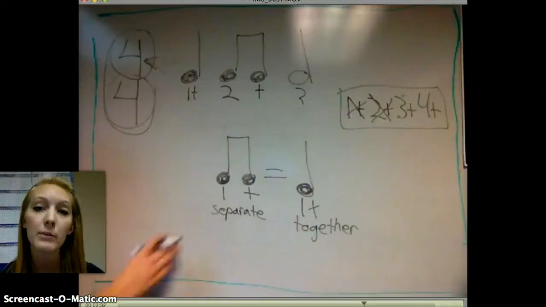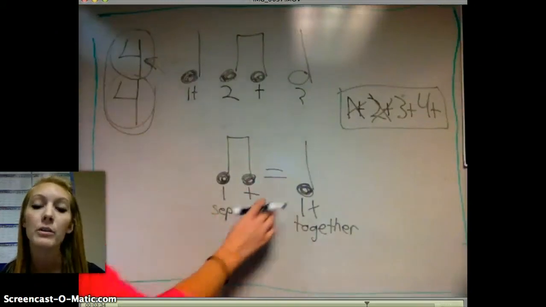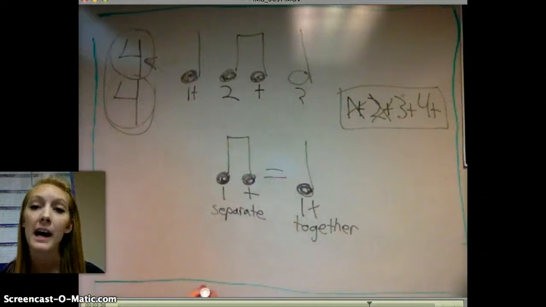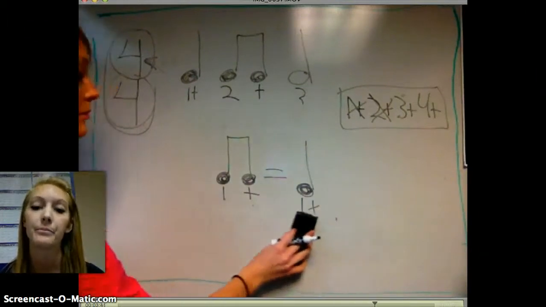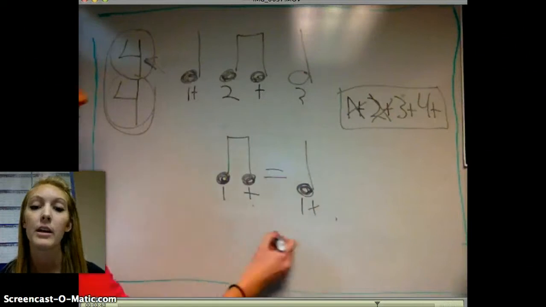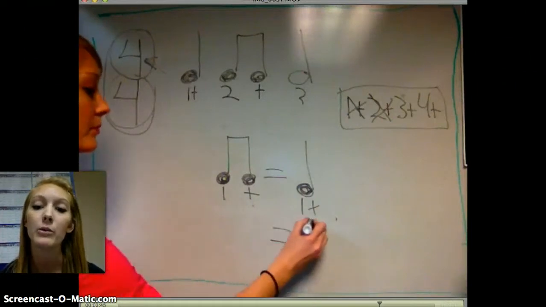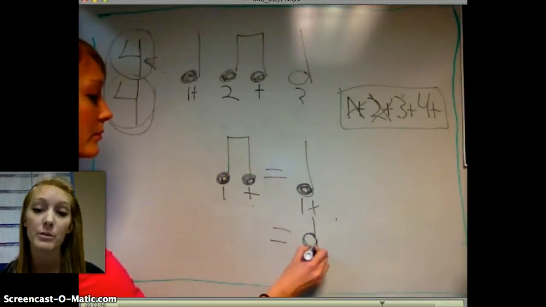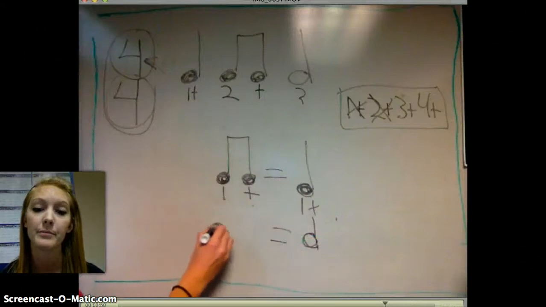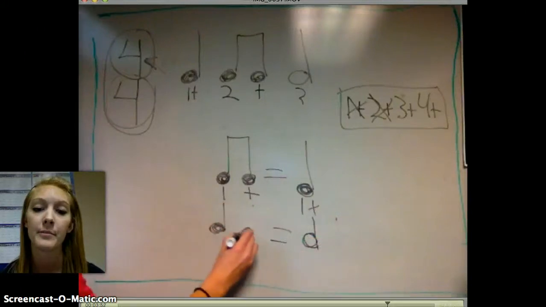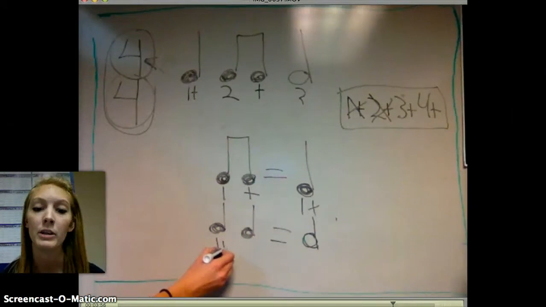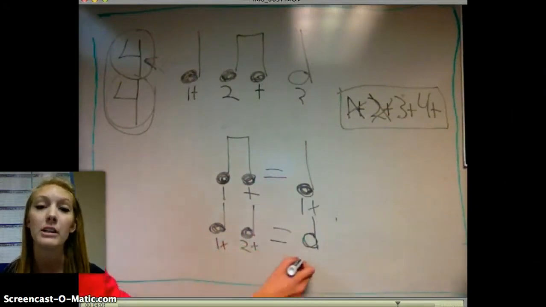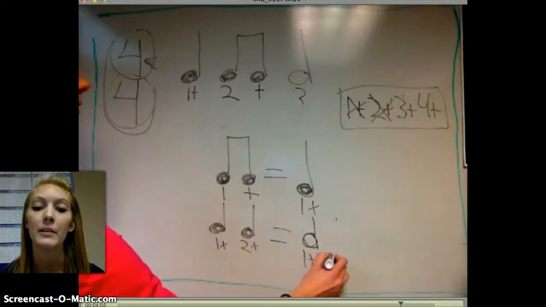Well, we're going to be doing the same thing we did with the 8th notes and the quarter notes. We're going to divide the half note into smaller beats, or subdivide. So our half note is going to equal 2 quarter notes. And if each of our quarter notes is 1 and, we'll put in 1 and, 2 and, then our half note is going to equal the same thing, 1 and 2 and.